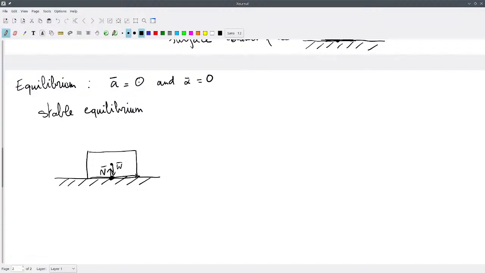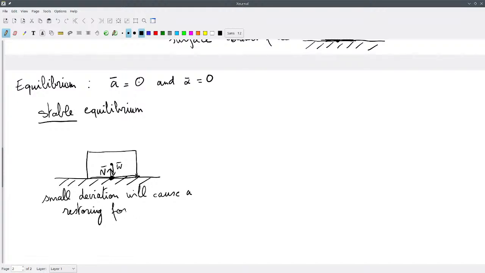I'm drawing them a little bit offset, but of course the normal force and the weight will be perfectly on the same line here. So in that case, this is a stable equilibrium, because if I introduce a small deviation from this equilibrium, the system will return, or the small deviations will cause a restoring force back to the equilibrium.